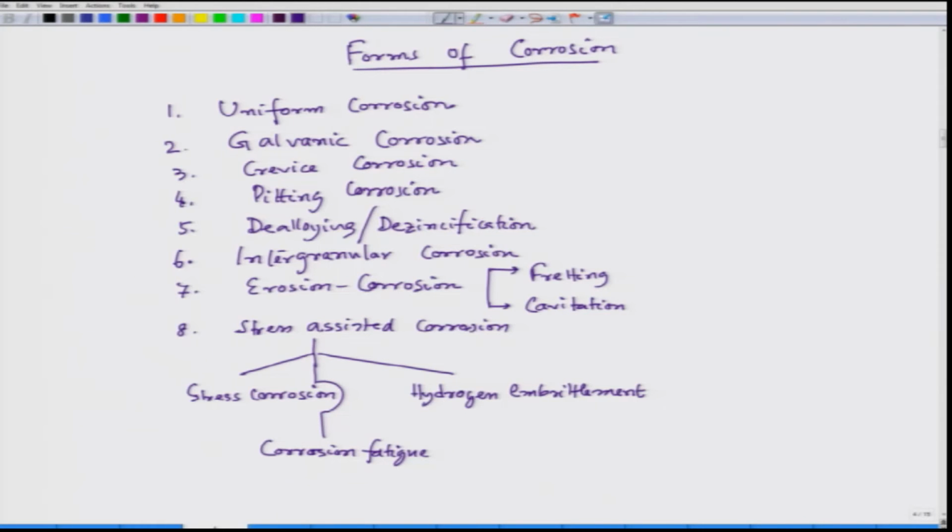For example, if we consider uniform corrosion, uniform means it is homogeneous, happening uniformly. As one example, if we see an iron sheet covering a roof, one can find that after some time you will have red rust formation over the entire surface, and if it is looked at carefully at the interface, you would see that at different sections we have almost similar depth of attack.